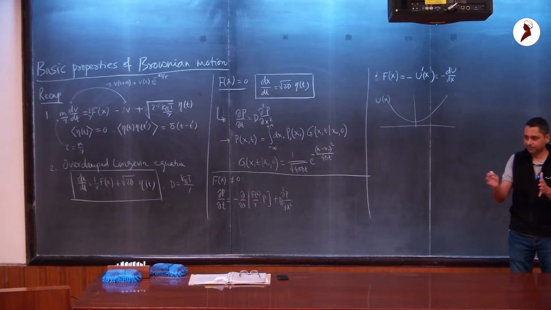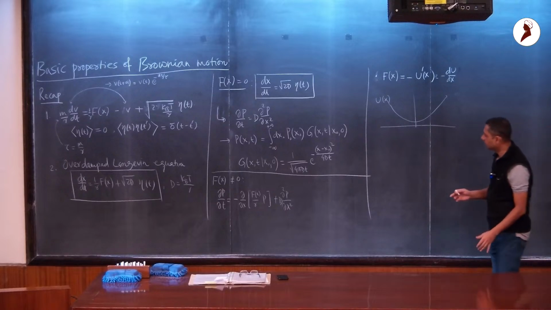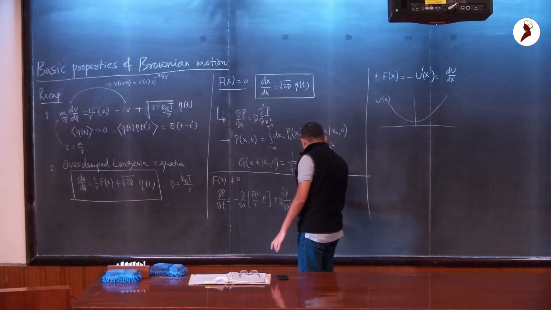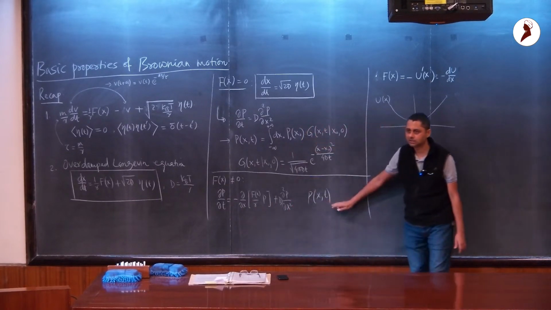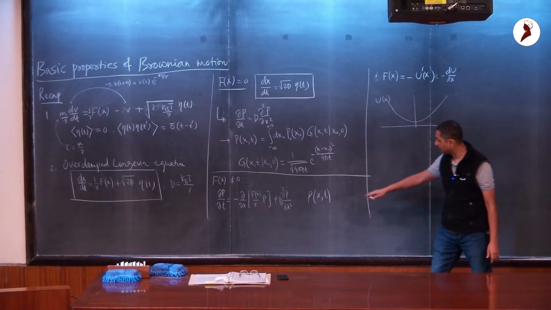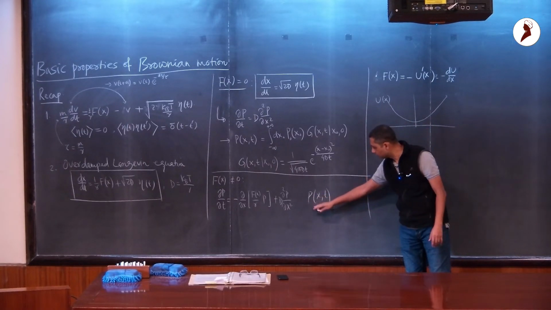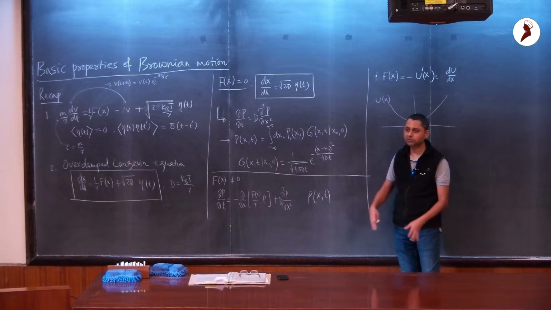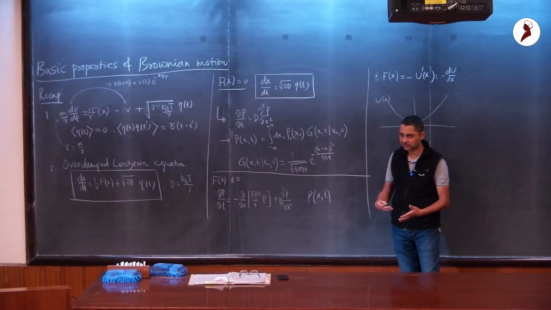This p, which is a function of x and t, as t goes to infinity, at very large time, will be only a function of x. So the system will reach a steady state, and we want to find out what this steady state is.